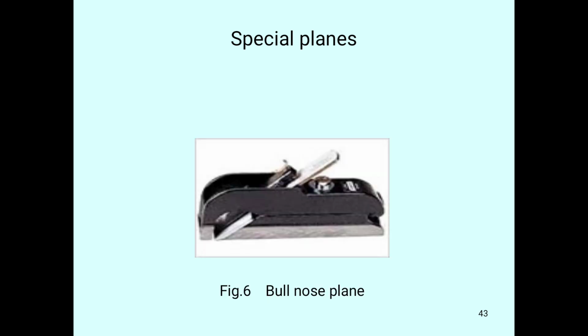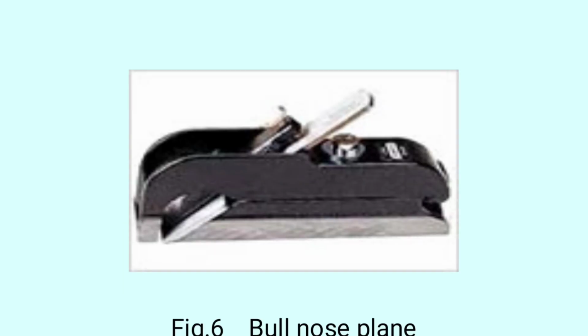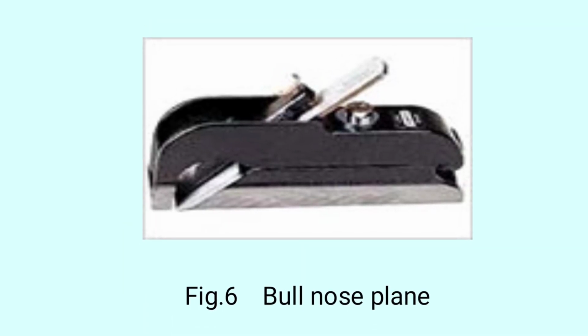Next special plane is the bull nose plane. You can see here a diagram of a bull nose plane.